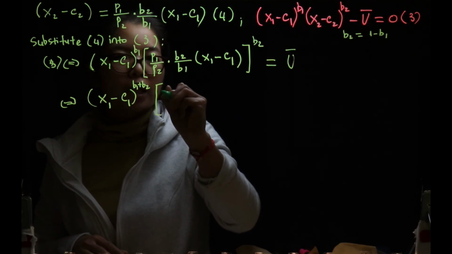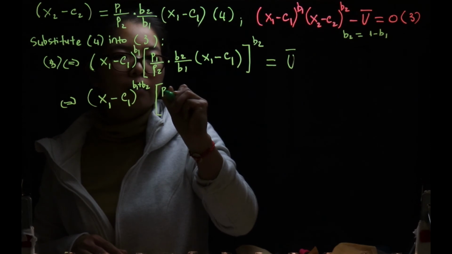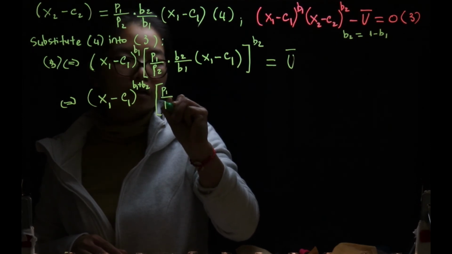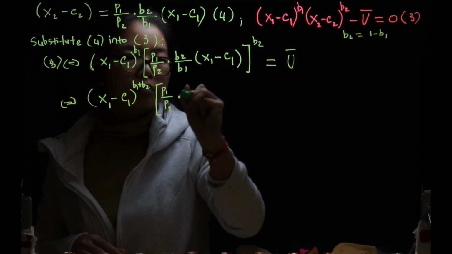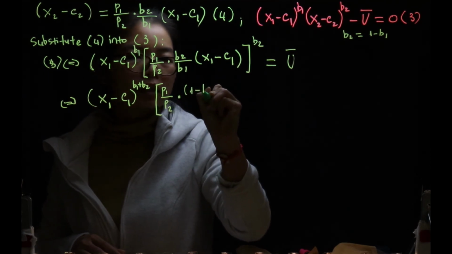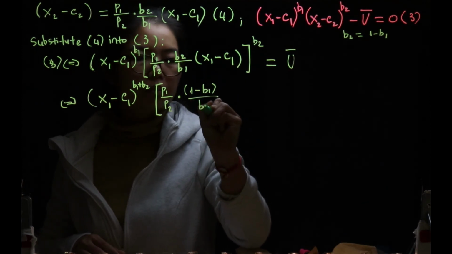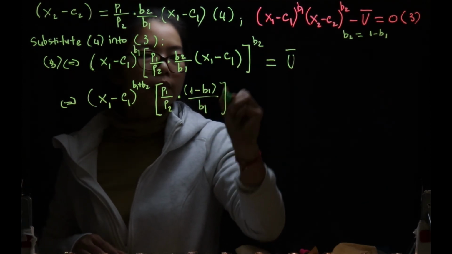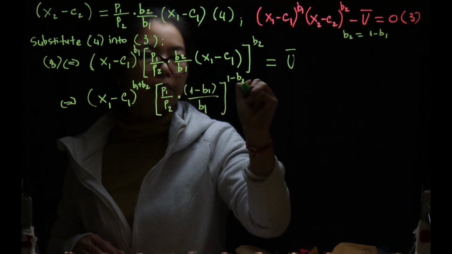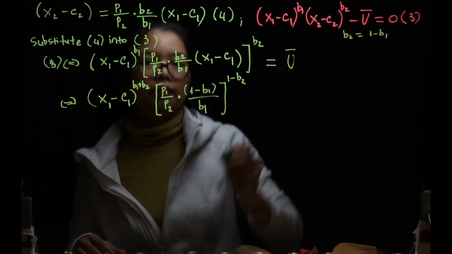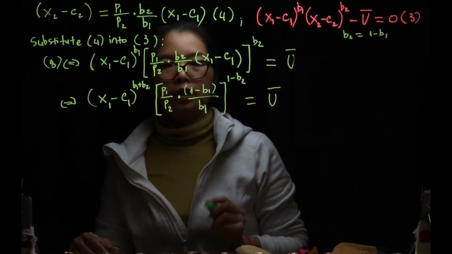So you would have b1 over b2 times 1 minus b1 over b1 to the power of 1 minus b1 equals u.